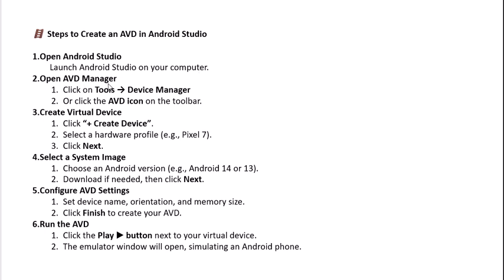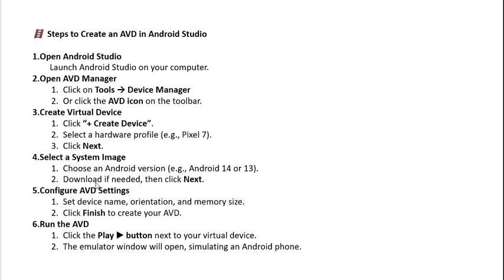Open the AVD Manager by clicking on Device Manager, or click the AVD icon on the toolbar, and create a virtual device. Click Create Device, select a hardware profile such as Pixel 7, click Next, and select the system image, choosing an Android version like Android 14 or 13.